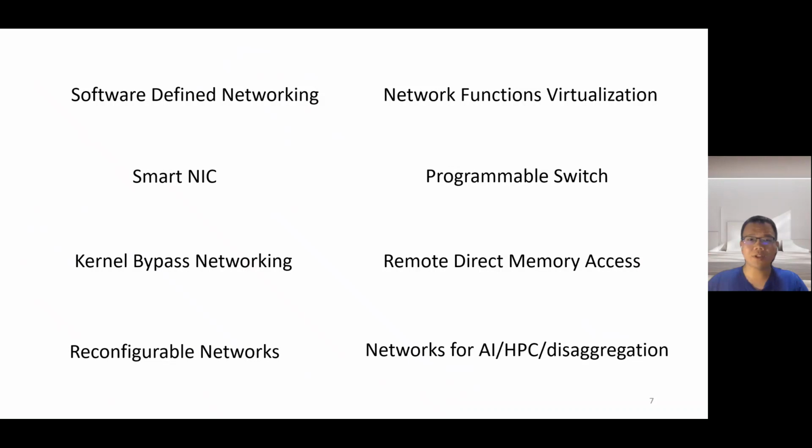For example, software-defined networking, network function virtualization, smart NIC, programmable switch, kernel bypass networking such as DPDK, hardware transport offloading such as remote direct memory access, reconfigurable network using the optical circuit switch, and specialized networks for AI, HPC, and these aggregations.